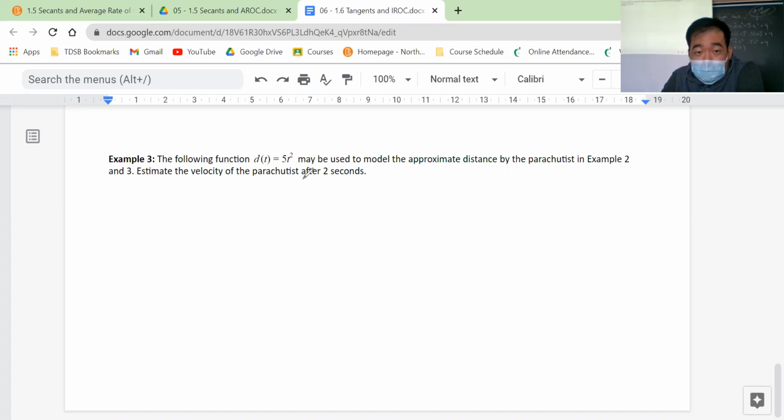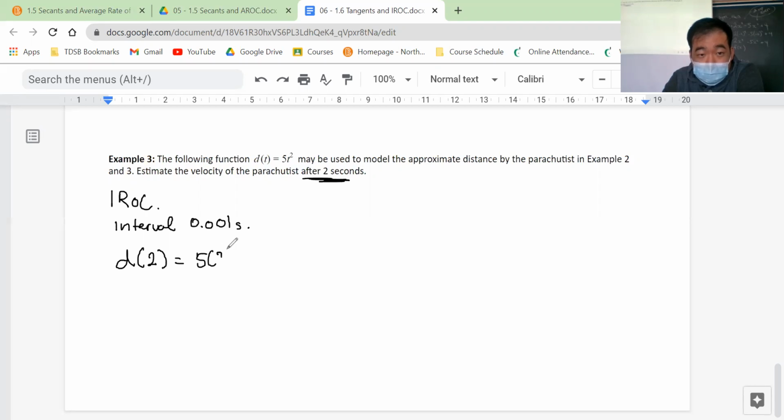If they ask for exactly 2 seconds, that means, again, they are looking for IROC, and the interval to calculate the instantaneous rate is going to be an interval of 0.001 seconds, as we talked about in class. So what is d of 2? Well, 5 times 2 squared is going to be 20.